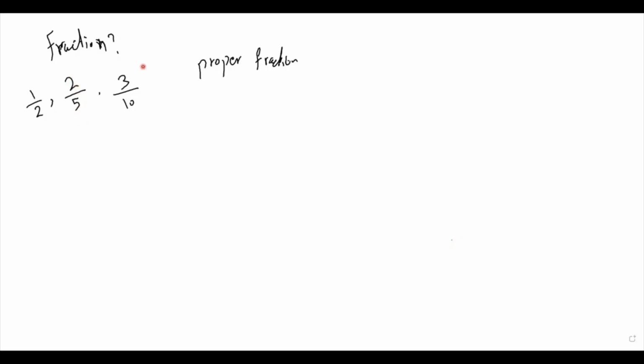The top one we call the numerator, and the bottom one is called the denominator. If the numerator is less than the denominator, then we have a proper fraction. For example, 2/3, 7/9, or 1/10. These are examples of proper fractions in which the numerator is always less than the denominator.